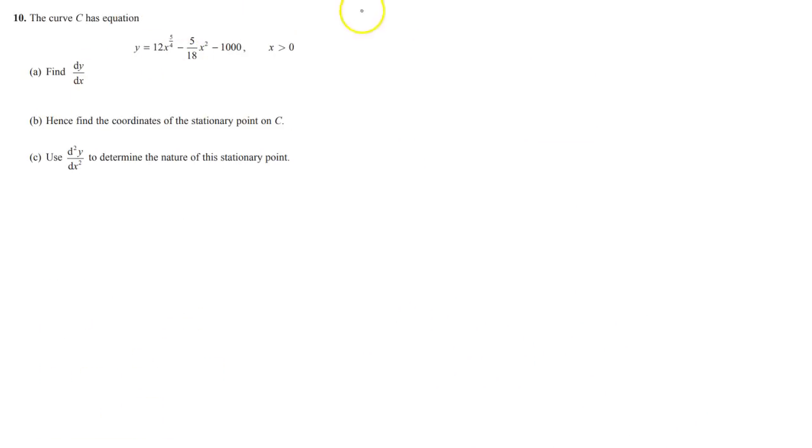The curve has equation y is equal to 12x^(5/4) minus 5 over 18 x squared minus 1000. So we have to find dy over dx. So dy over dx means power minus 1, and this will be multiplied by 5 over 4. This is multiplied by 2 and minus 1, and this will be 0.